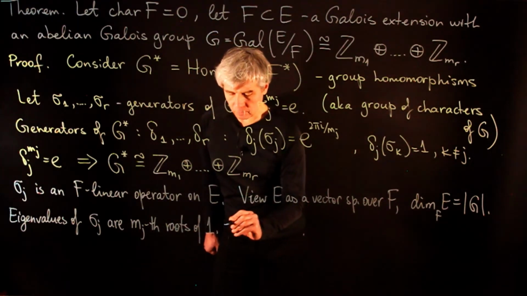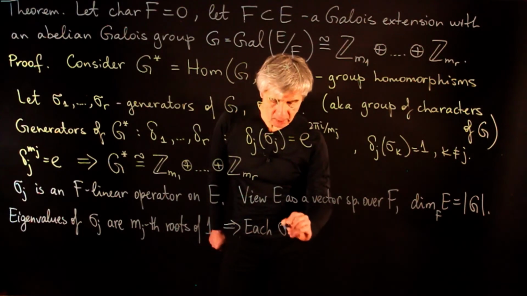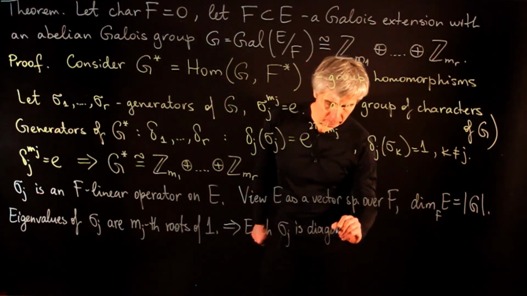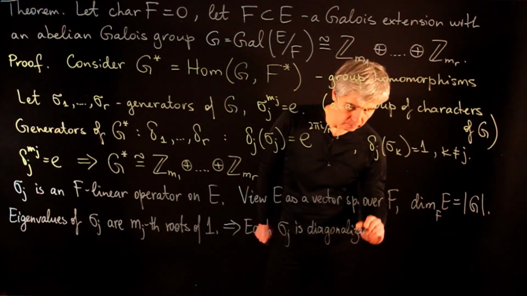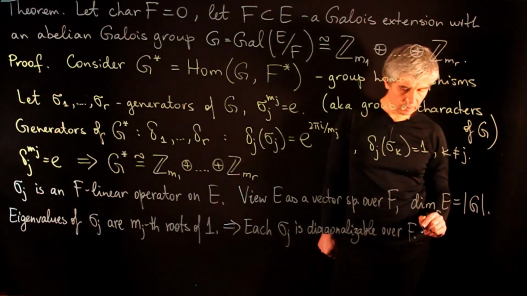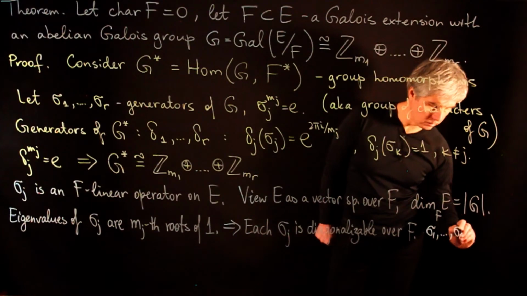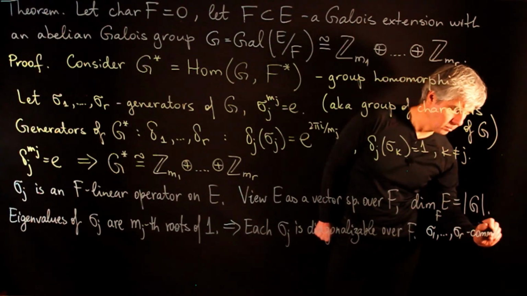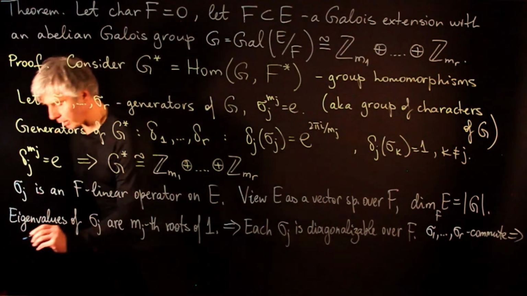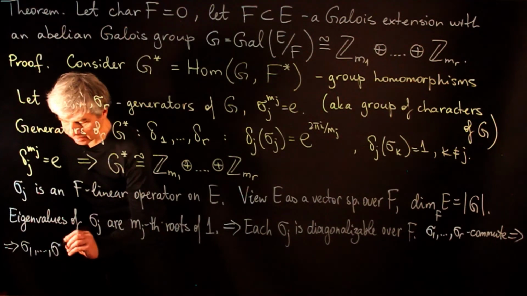So from here, we conclude that each sigma j is diagonalizable over F. And we also know that these elements commute. So this tells us from linear algebra that these elements are then simultaneously diagonalizable.